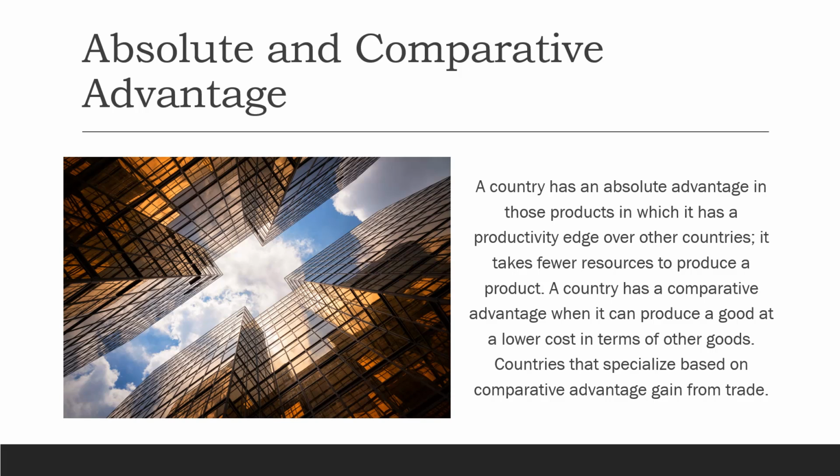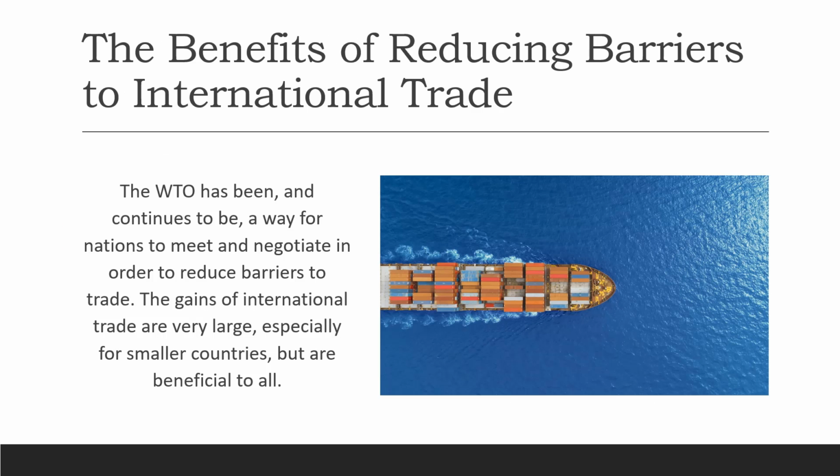And the country has a comparative advantage when it can produce a good at a lower cost in terms of other goods. So countries that specialize based on comparative advantage normally gain from globalization and from international trading. As we know now, the benefits of reducing barriers to international trade are many.